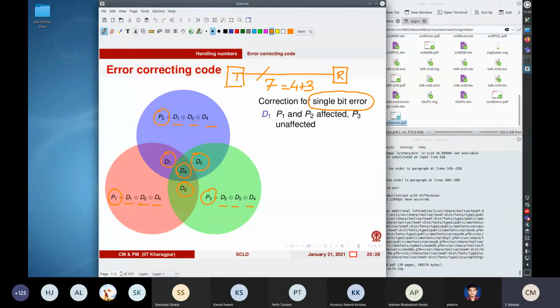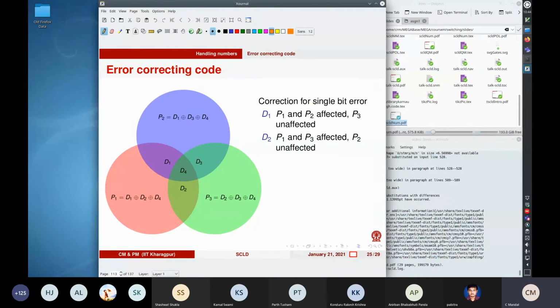That is, so you can then check the effects of the other bits also. So you can see that if D2 goes into error, then P1 and P3 will be affected, whereas P2 will remain unaffected.